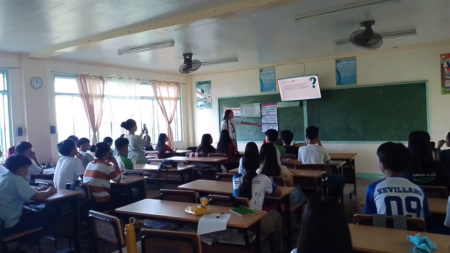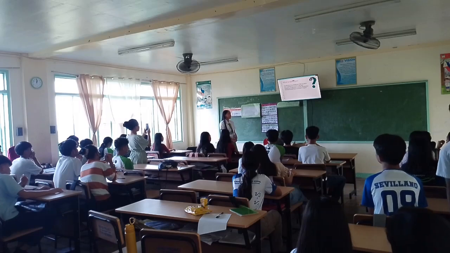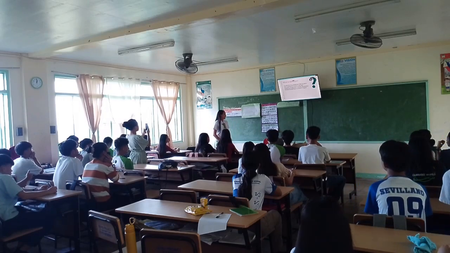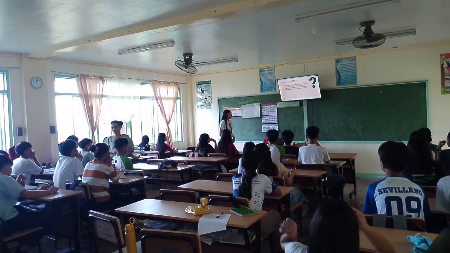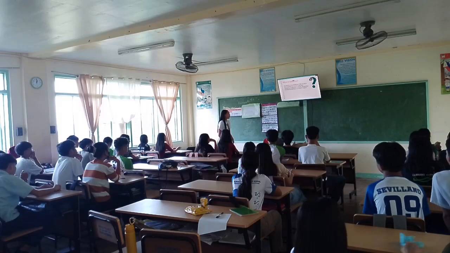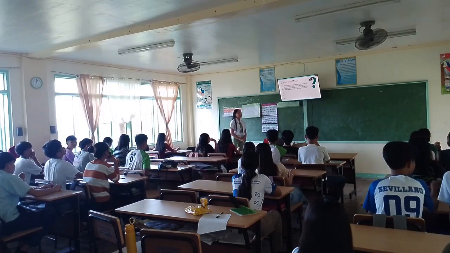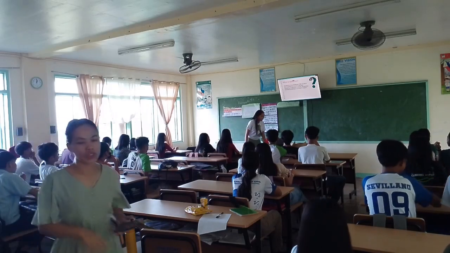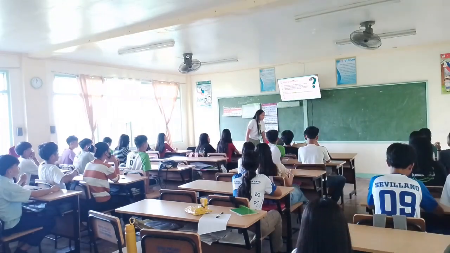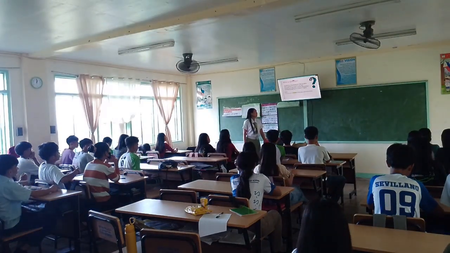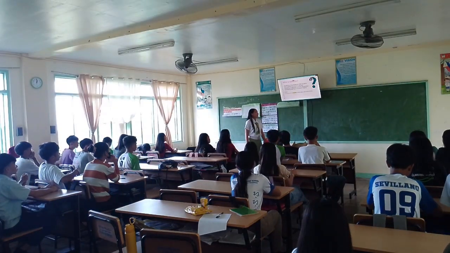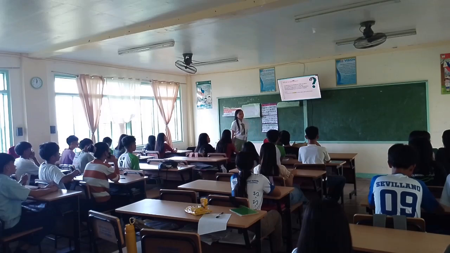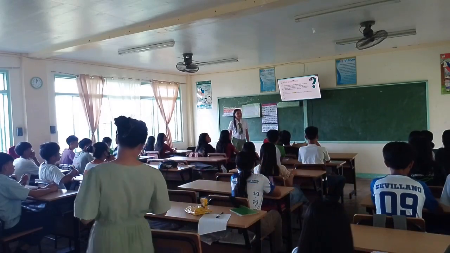How about the distinguishing characteristics? When we talk about distinguishing characteristics, class, these are the unique features or qualities that distinguish the term from other members of the same class. To help you understand, here is an example. Carbohydrates are food groups including sugar, starches, and cellulose. So, where is the term being defined?